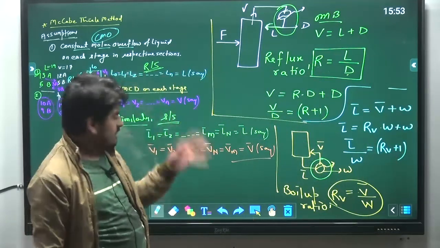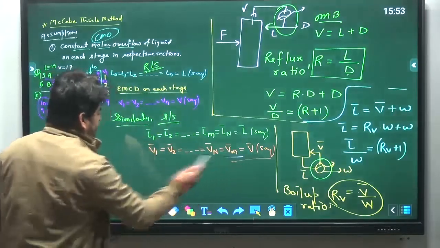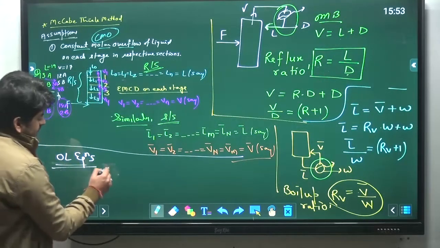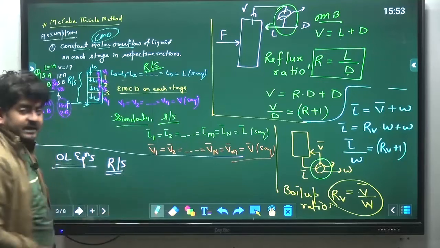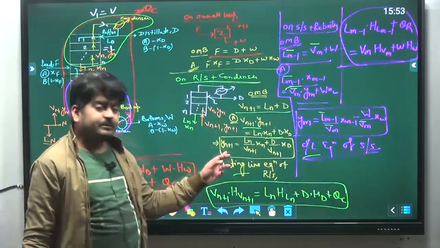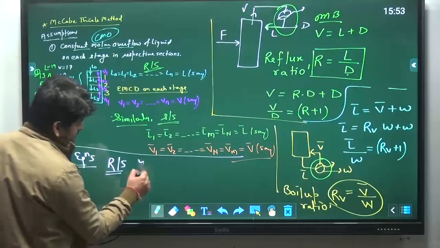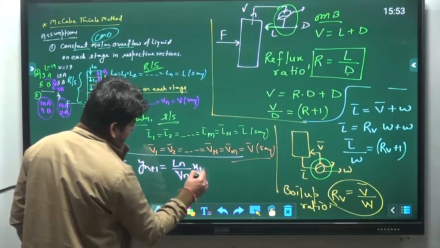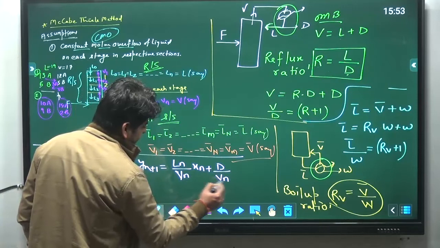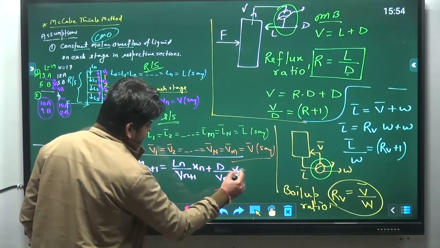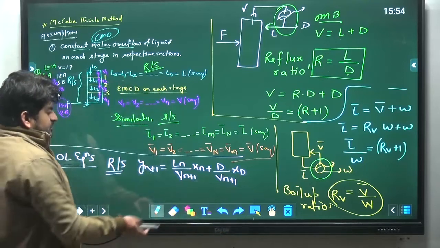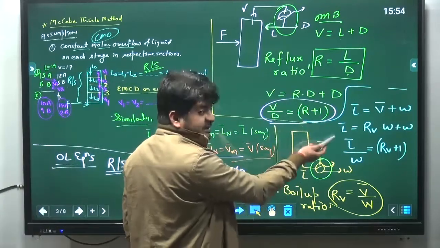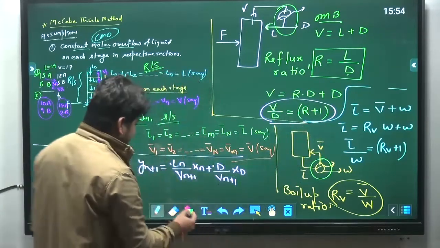Okay, so with the help of these reflux ratios and boil up ratio, we can simplify the operating line equations. Okay, so for the rectifying section, the operating line equation was Yn plus 1 equal to Ln over Vn Xn plus D over Vn plus 1 into Xd. That was the operating line equation. So V upon D is R plus 1, so D upon V will be 1 upon R plus 1.